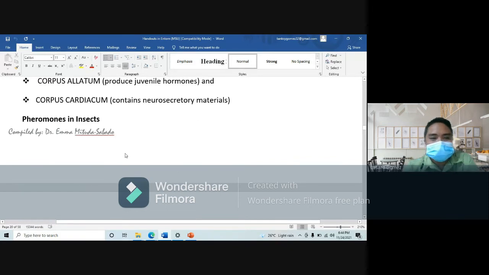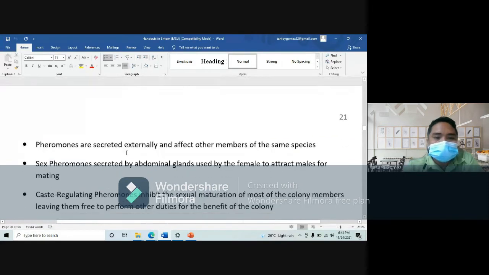Pheromones in insects. Pheromones are secreted externally and affect other members of the same species. Sex pheromones are secreted by abdominal glands and used by the female to attract males for mating. What is released? Sex pheromones.